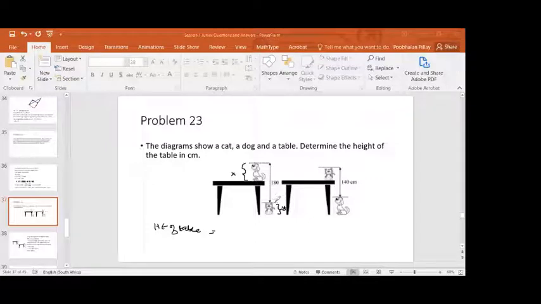In one case, the table's height here is 180 plus Y, this whole thing, minus X.